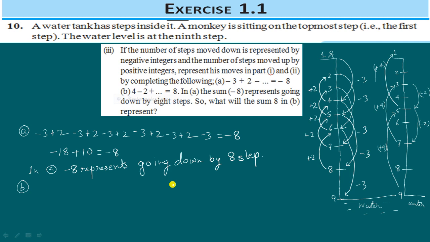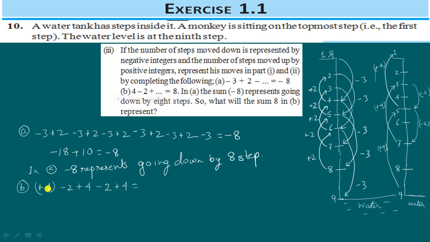That means the first jump is plus 4, the second jump is minus 2, the third jump is plus 4, the fourth jump is minus 2, and the fifth jump is plus 4.